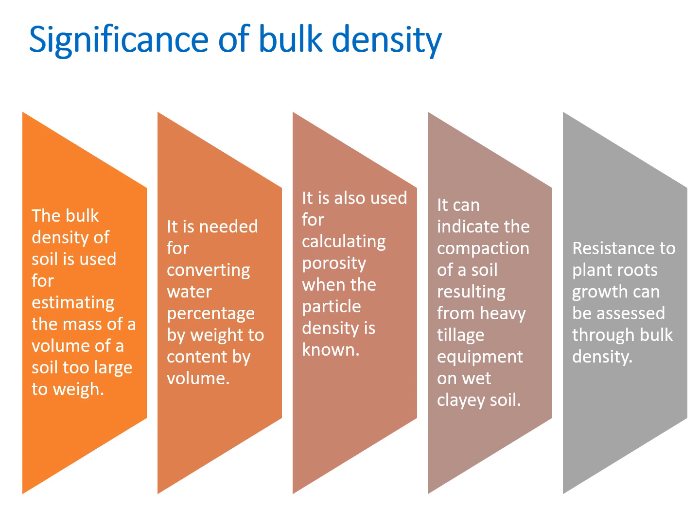And if we know the bulk density, we can also calculate based on volume, so that we may know how much water this volume of soil needs. Of course, it will be used for irrigation management. The next important point is that it is also used for calculating porosity when the particle density is known. If you know the particle density and the bulk density, you can calculate the porosity of the soil, or the pore spaces in the soil.